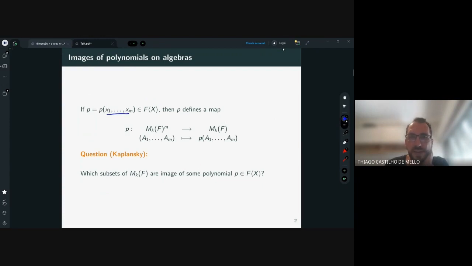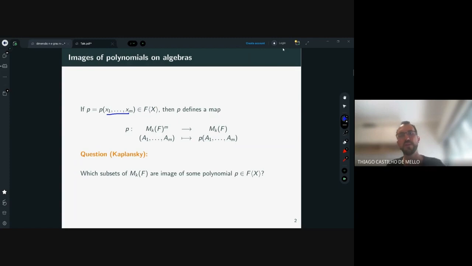It defines in a natural way this map, which I'm also denoting by P, that is the evaluation of P in the matrices A1 up to Am. So the natural question is, given a polynomial, what is the image of this polynomial? Or what subsets can be the image of some polynomial P here?